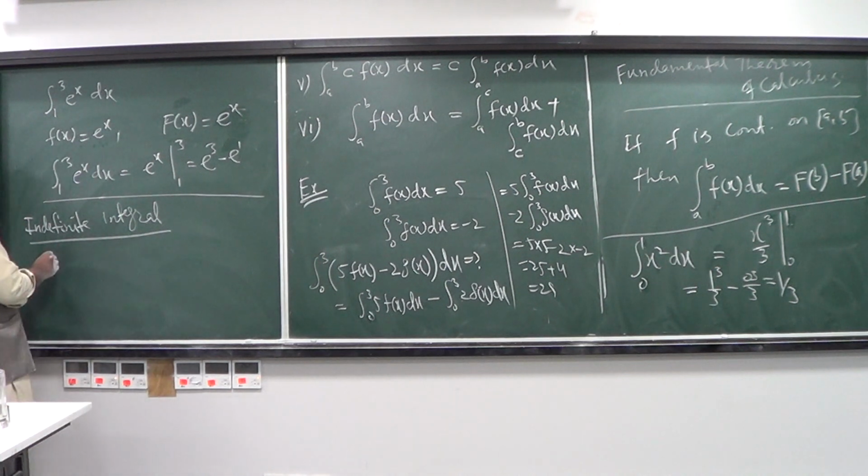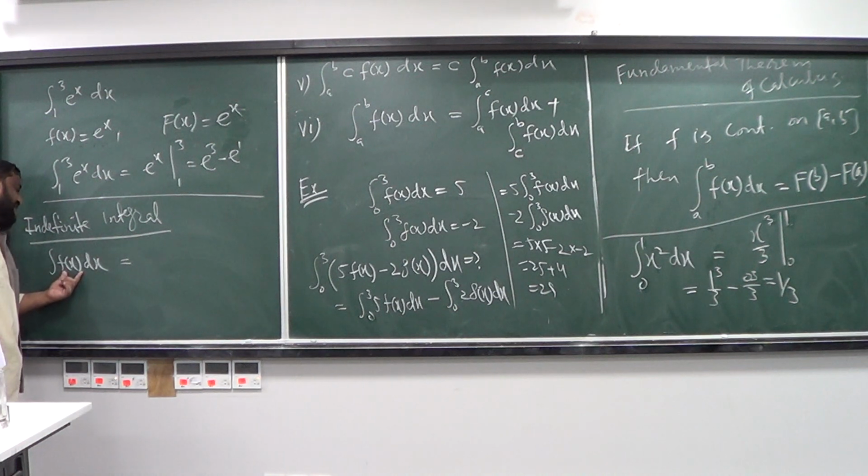So if you want to integrate a function f of x with respect to dx, what I am actually saying is: find the antiderivative of this small f of x. Whatever the antiderivative of small f of x is going to be the value of this integral.